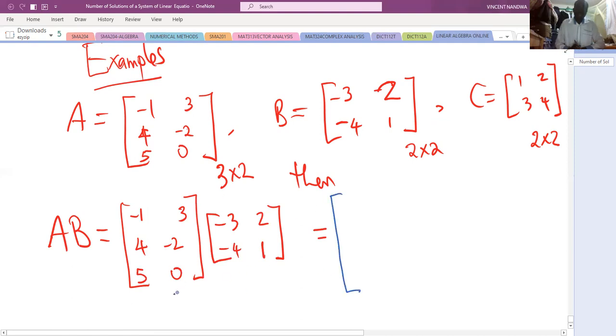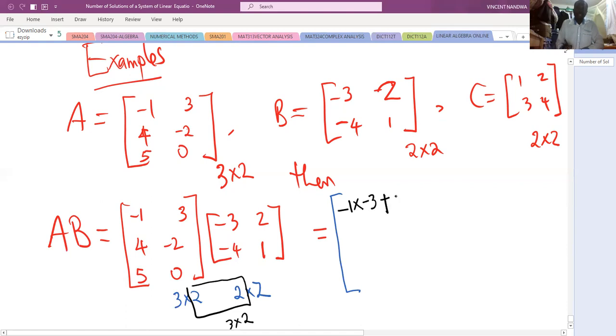Because this is a 3 by 2 matrix and this is a 2 by 2 matrix, these 2 numbers are agreeing. So you know that our resulting matrix will have order 3 by 2, meaning that it will have 3 rows and 2 columns.